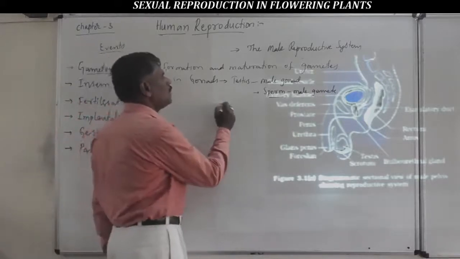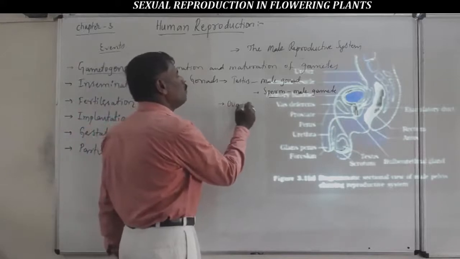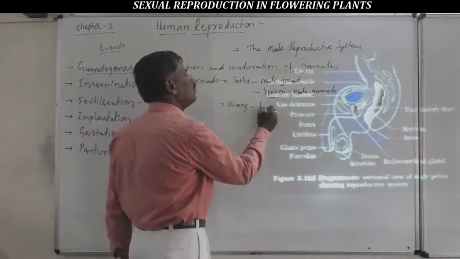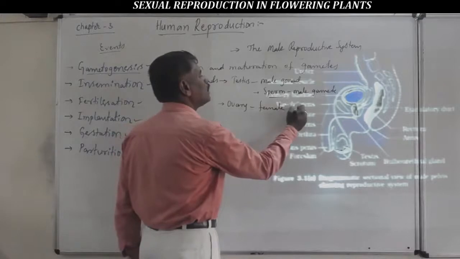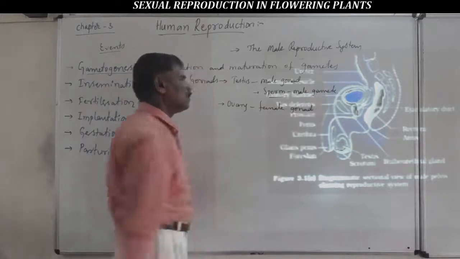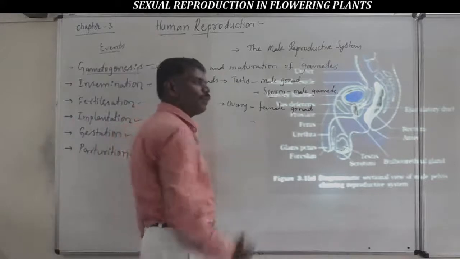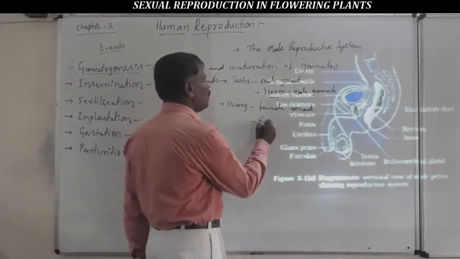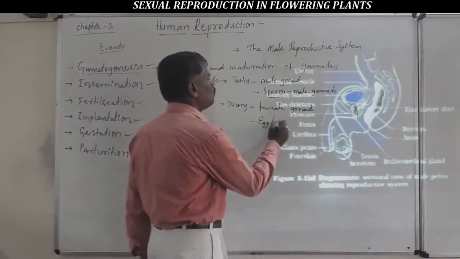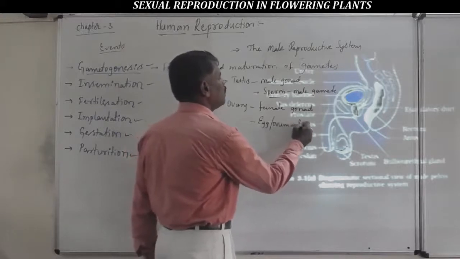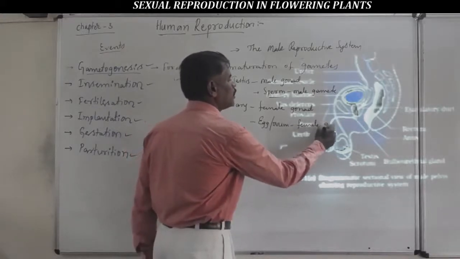Similarly, ovary is the female gonad. The ovary produces egg or ovum, which is the female gamete.